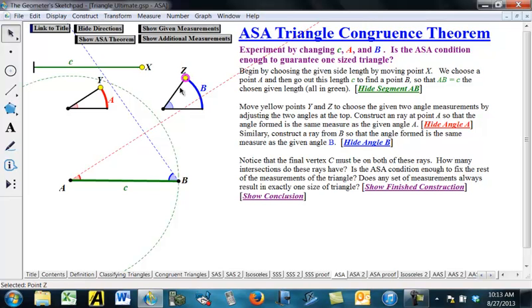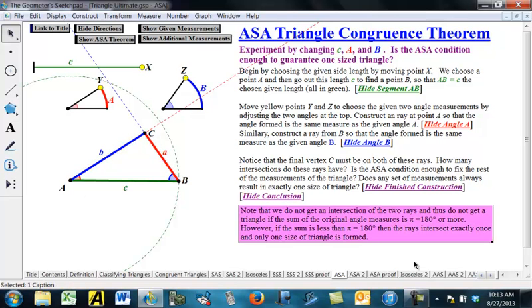Of course the third vertex has to be on both of those rays, both the red and the blue ray you see here. And if you look, there's only that one place that it could possibly be. We see that there's only one possible triangle here. We really didn't have a choice once we fixed this up. Now we could have put this angle at this end and this angle on this end, but it would just have been a mirror image of this, and it would have still been a congruent triangle.